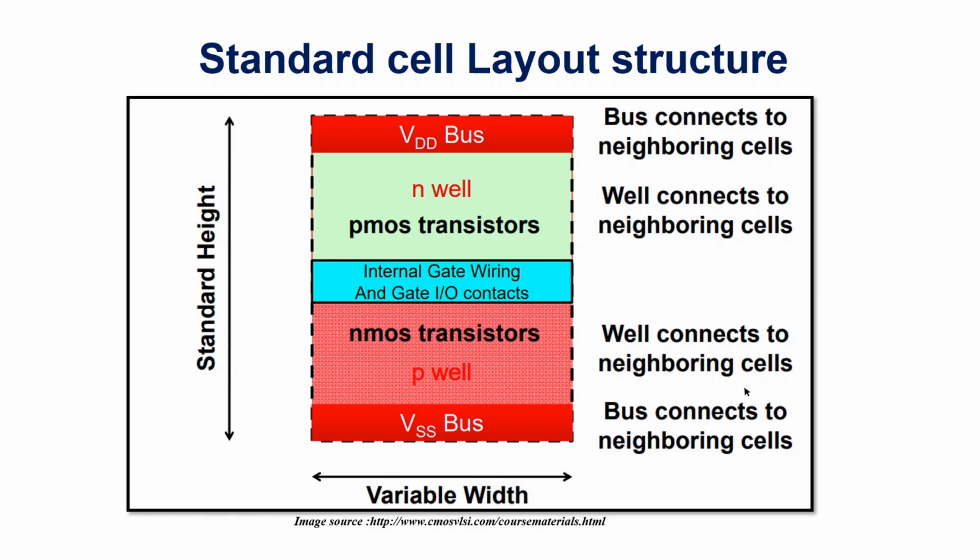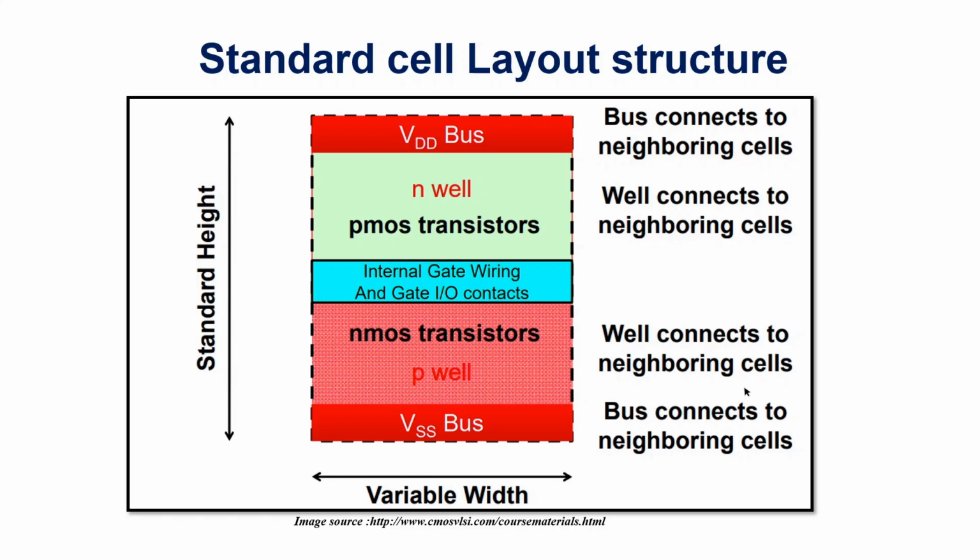The standard cell layout structure is shown here, which I have taken from the URL mentioned below. The layout height will be fixed for a particular PDK, and the VDD width, VSS bus width will be fixed.